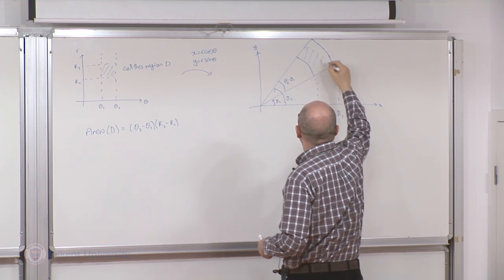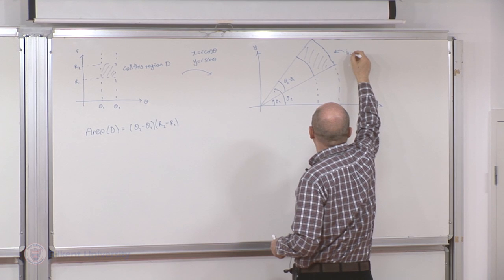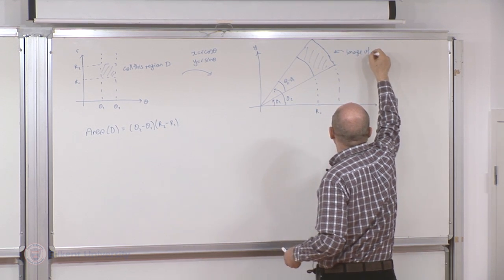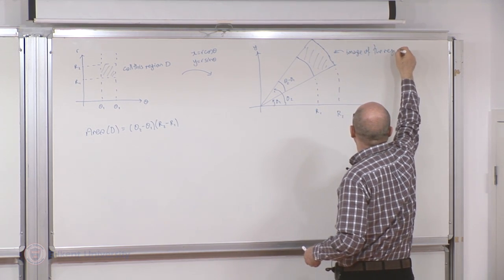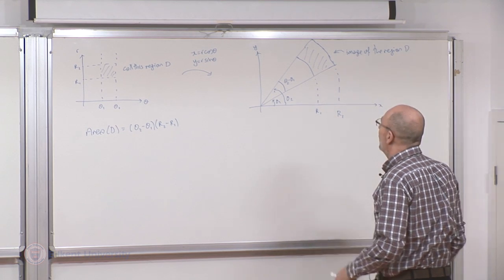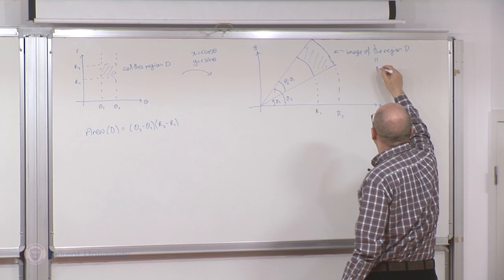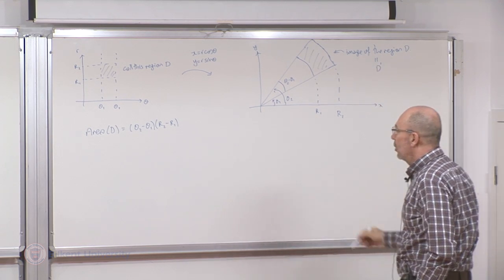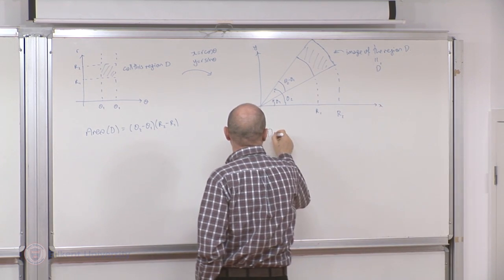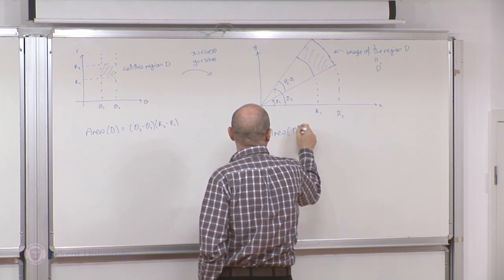So this is the image of the region D. Let's call it D prime. So what is the area of D prime? That is what we were interested in.